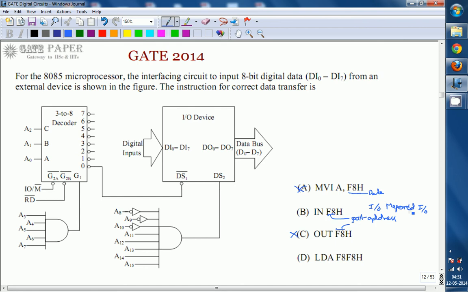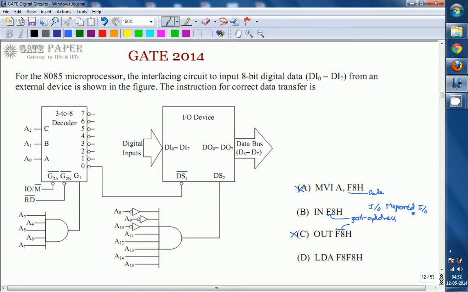I/O mapped I/O is also called peripheral mapped I/O. In peripheral mapped I/O, the instructions IN and OUT are used for data transfer between the microprocessor and the peripheral, and the peripheral device is identified with an 8-bit address.